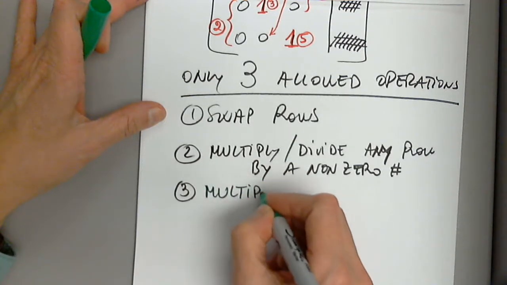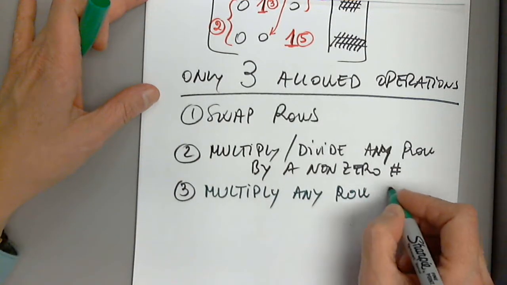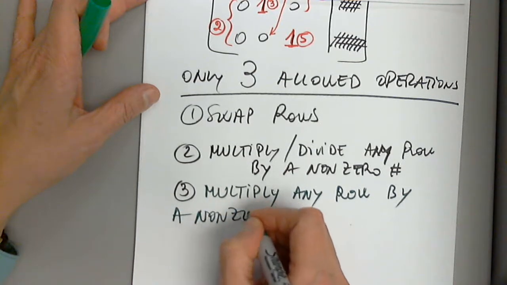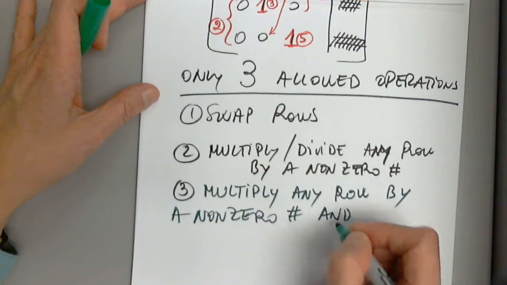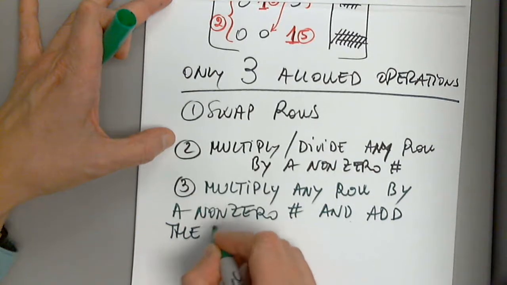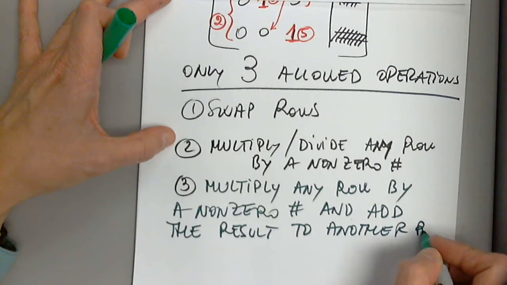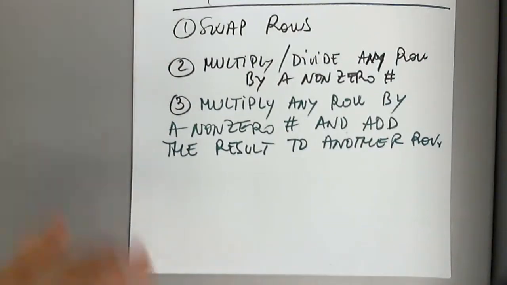Multiply any row by a non-zero number, and add the result to another row. Yes, I know, a lot of words. It sounds very complicated. It's not. Multiply any row by a non-zero number and add the result to any other row, to another row.